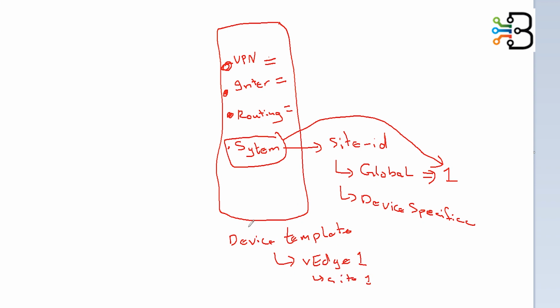If I'm pushing the same device template to vEdge 2, my site ID is 2. So I have to configure this on a per device basis. That's why I'm not using this as a global option. I will use this as device specific. To whomever I'm pushing this feature template, I will configure the site ID of their device accordingly.